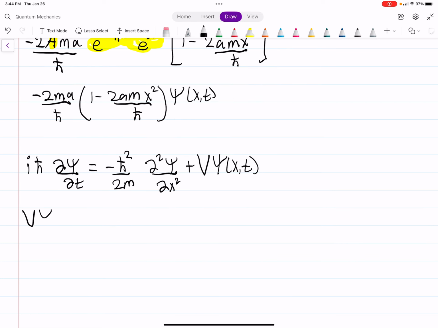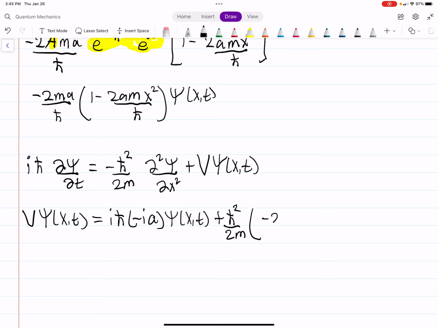So you have V times your wave function is equal to i h bar times minus i a psi plus h bar squared over 2m times minus 2ma over h bar times 1 minus 2 ma x squared over h bar times psi of x comma t.